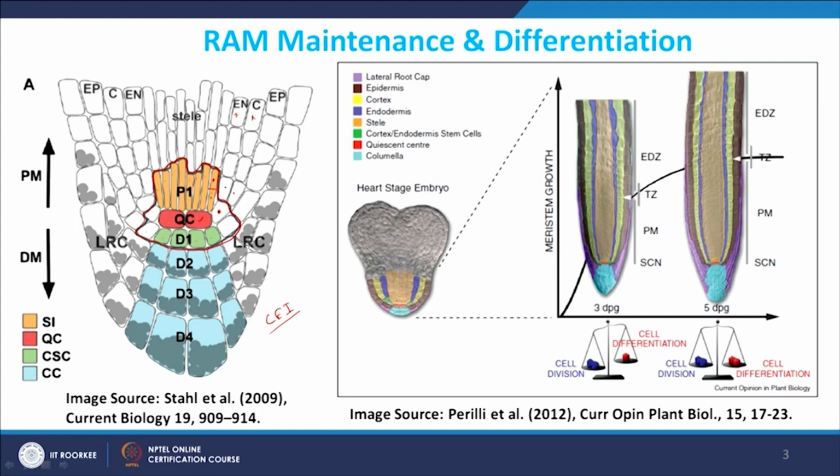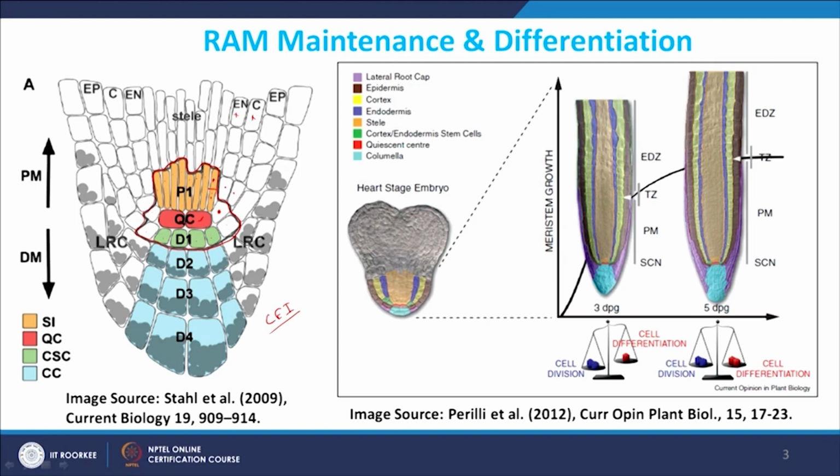Similarly, this initial is for epidermis and lateral root cap. How this happens we will see later. These initials are for columella cells, they give rise to columella, and these are the vascular initials, which give rise to vascular tissues.